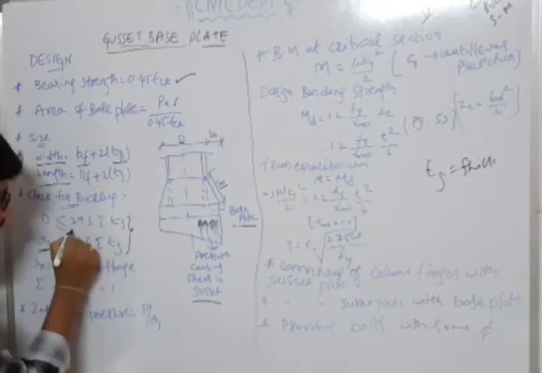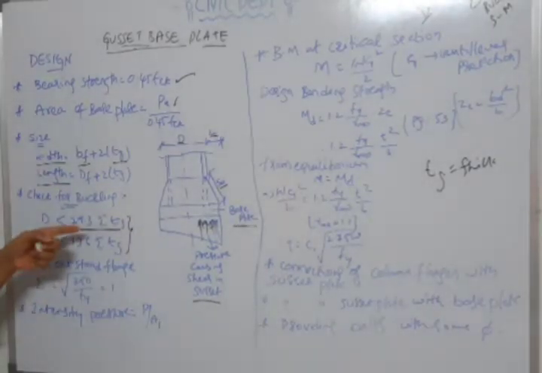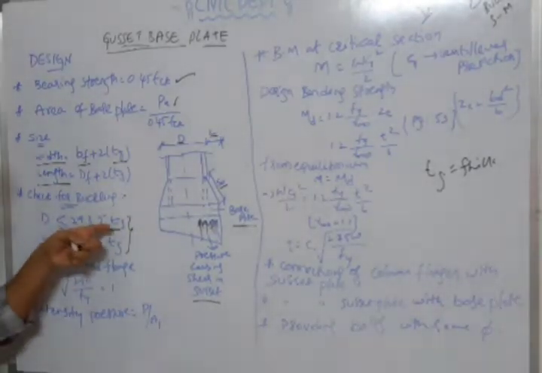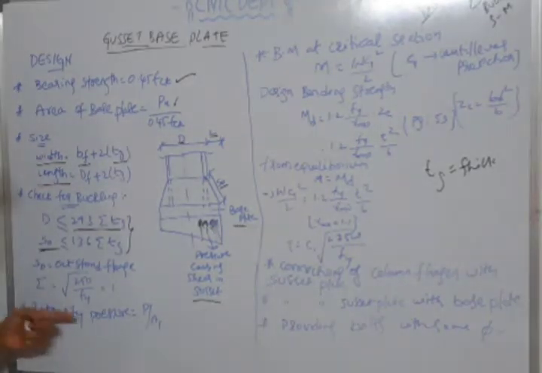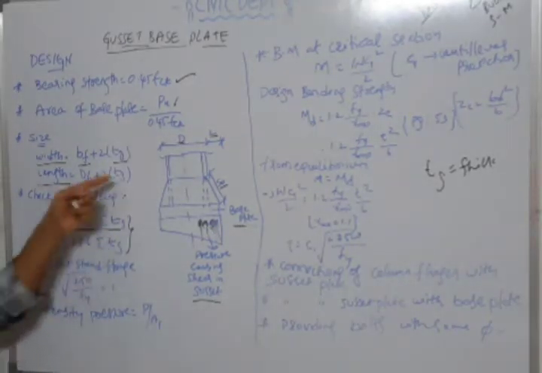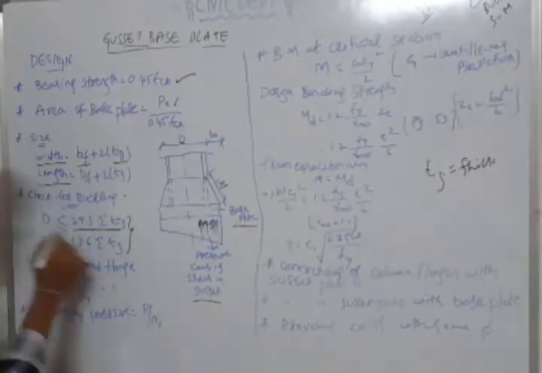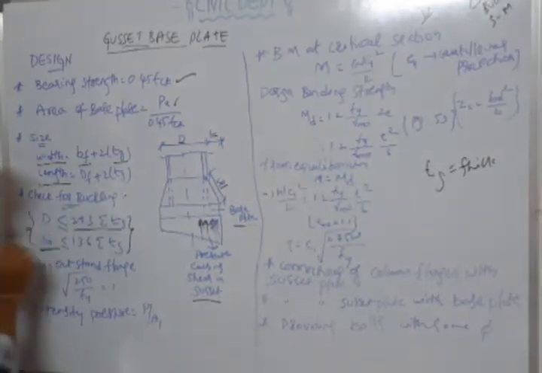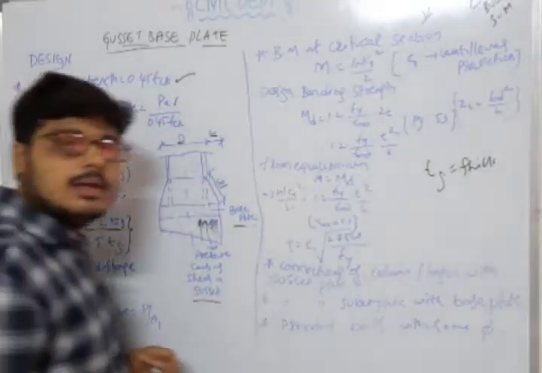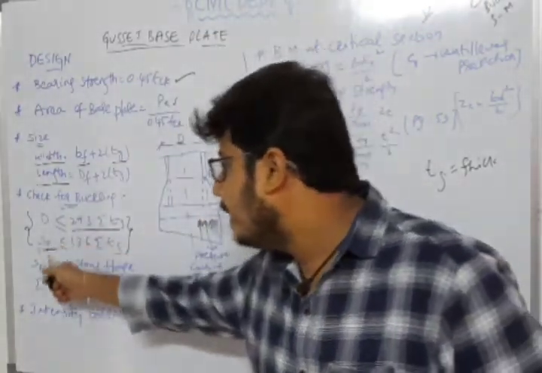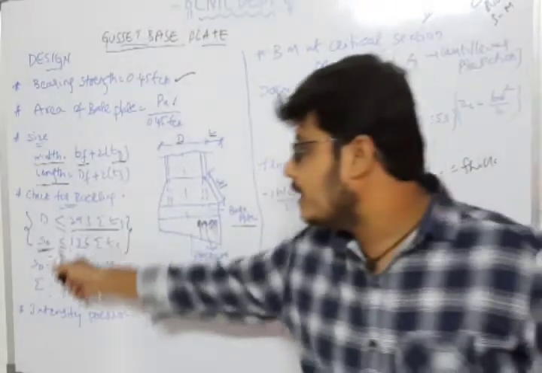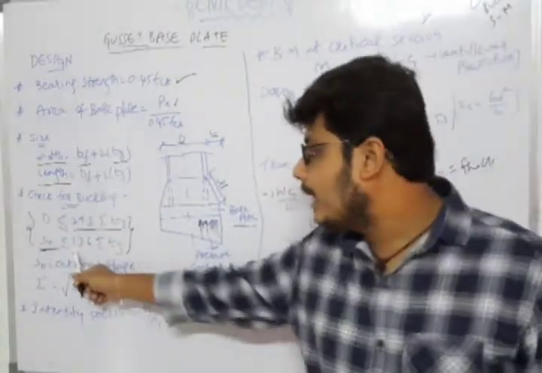We have the formula D is 29.3 epsilon tg, where epsilon is 250 by fy and tg is the thickness of the gusset plate which we have provided. The checks must be satisfied: both D and S0 should be less than or equal to 29.3 and 39.6 respectively.